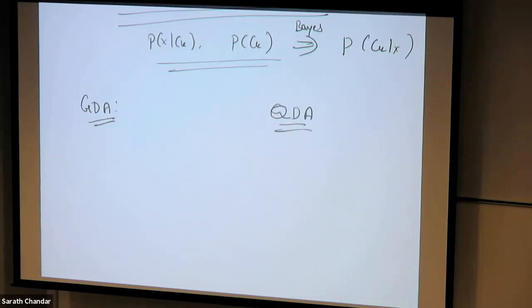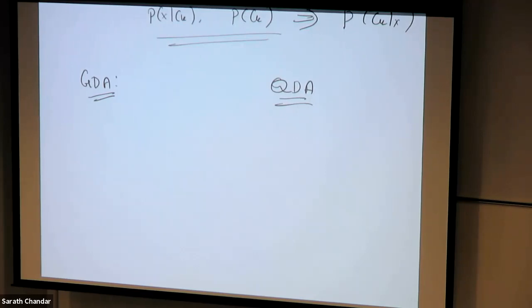Now, let's try to compute the number of parameters that GDA and QDA have. First of all, you have the means. If you have K classes, then you have K times M parameters for the mean, where M is the number of features. Now, how many parameters do you need for the shared covariance matrix? Anybody?